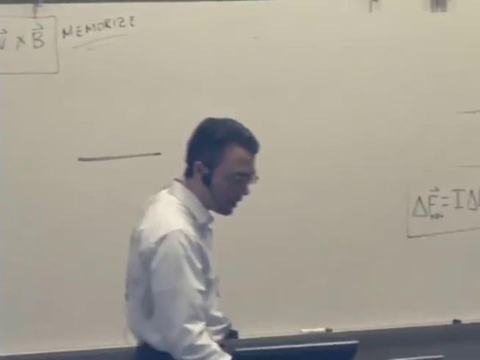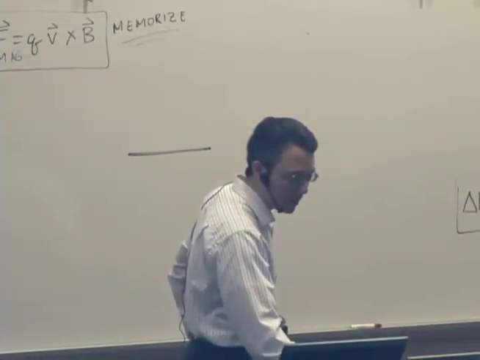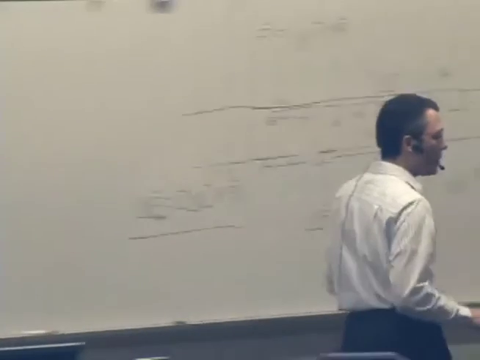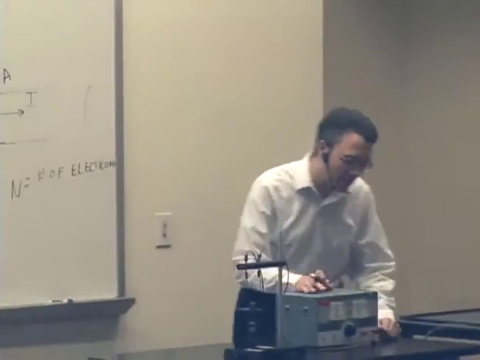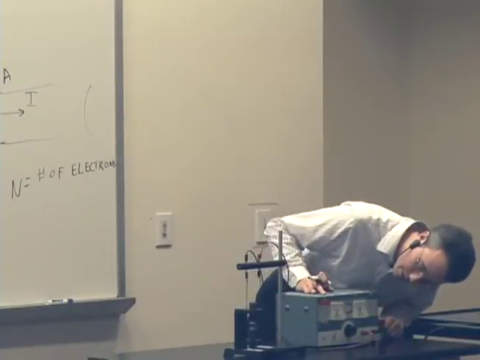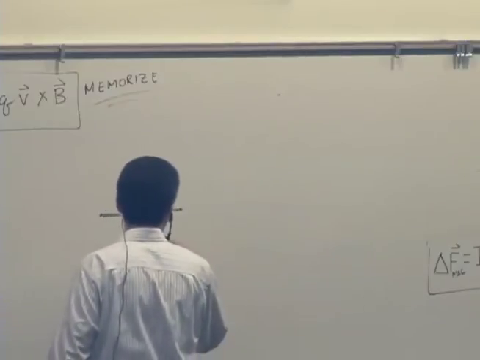And the current, let's say we have a fairly strong current running in it, maybe a couple of amps. We're basically going to apply a potential difference across here with very little resistance, so we can get a fairly high current. I'm not sure if there is a rating on here. Well, when we turn it on, we'll see. It'll say a few amps, okay? So I may be 3 amps.